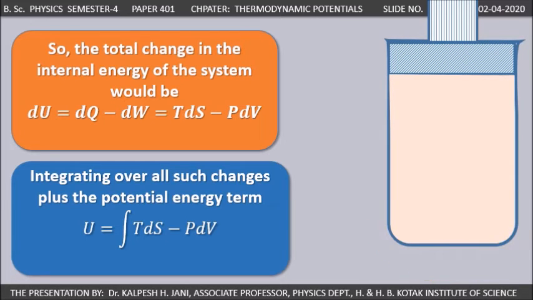One, the energy retained with the system in the form of the integration of TdS minus PdV, plus the potential part which has already been there with the thermodynamic system. So we shall show the overall internal energy of the given system in the next slide.